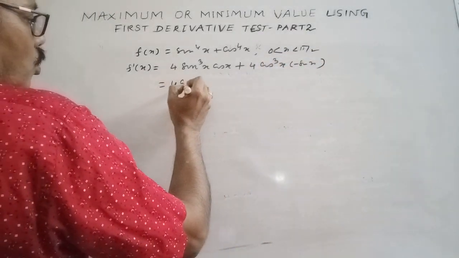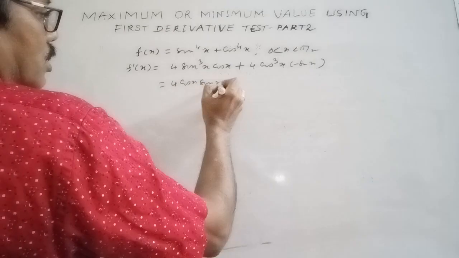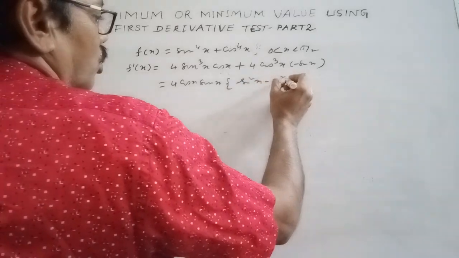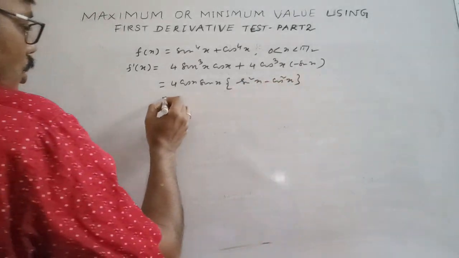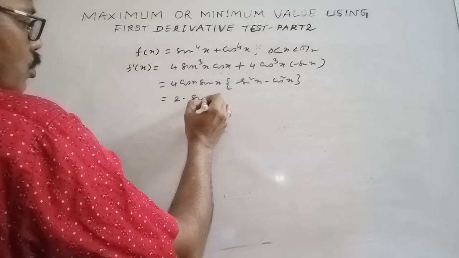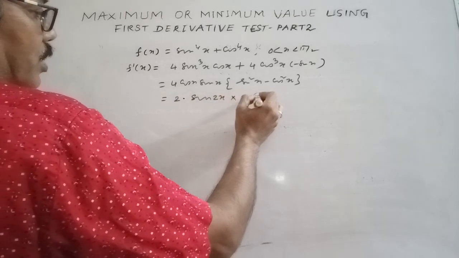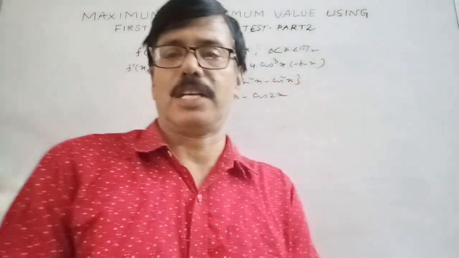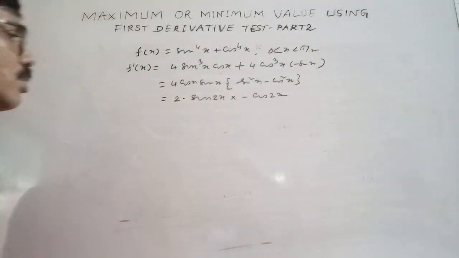So 4 cos x sine x times (sine square x minus cos square x). This is 2 into sine 2x, and this is minus cos 2x, because cos square x minus sine square x is cos 2x.